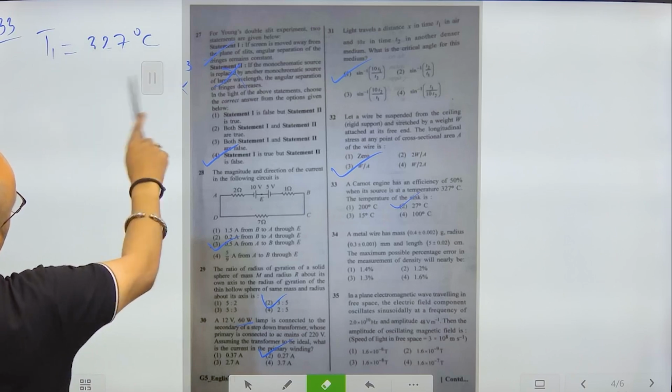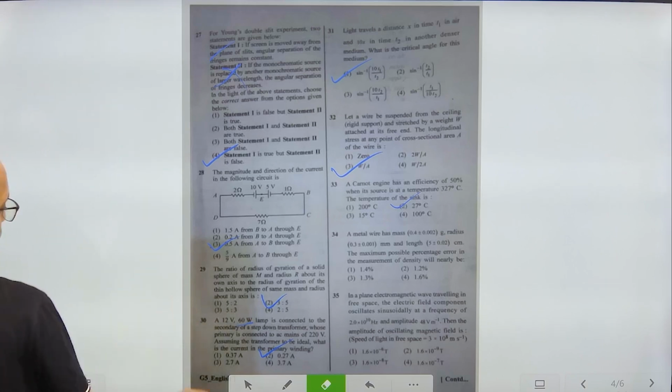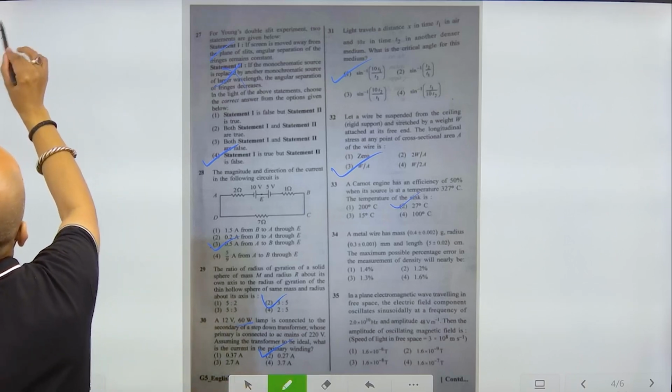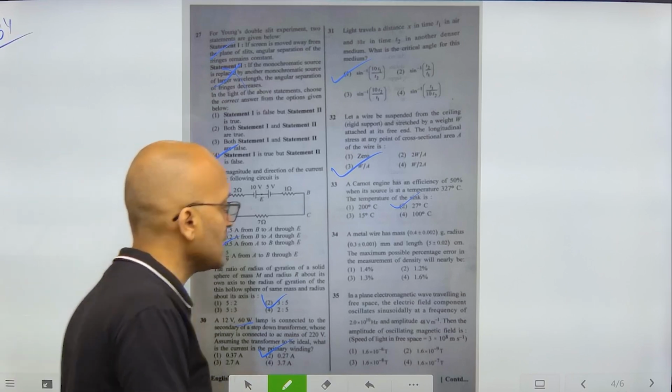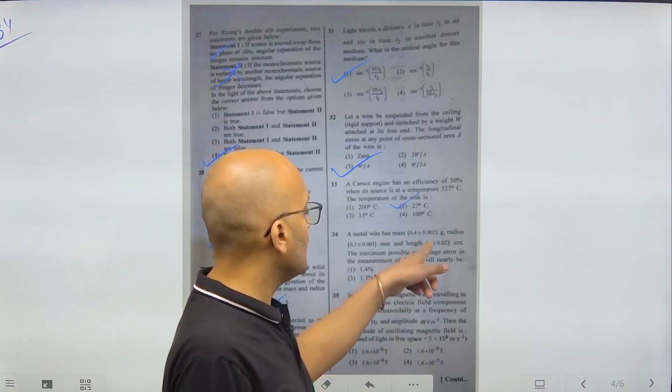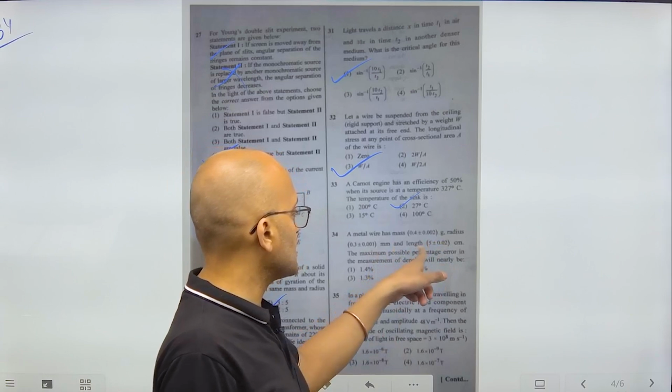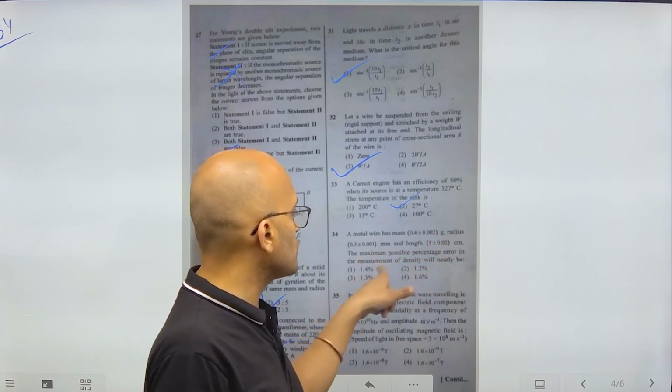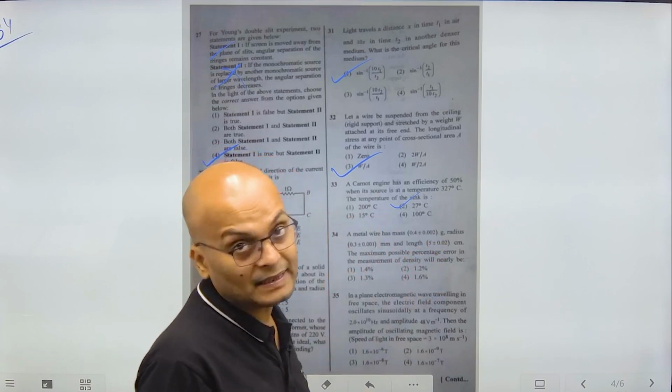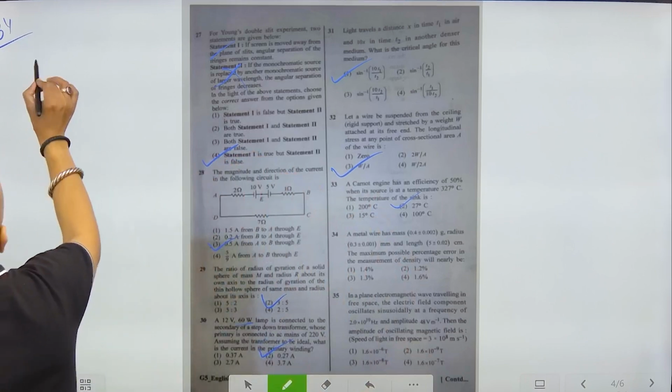Direct formula of Carnot engine. Question 34. It is saying a metal wire has mass this, radius this, length this, maximum possible percentage error in the density. Error propagation.